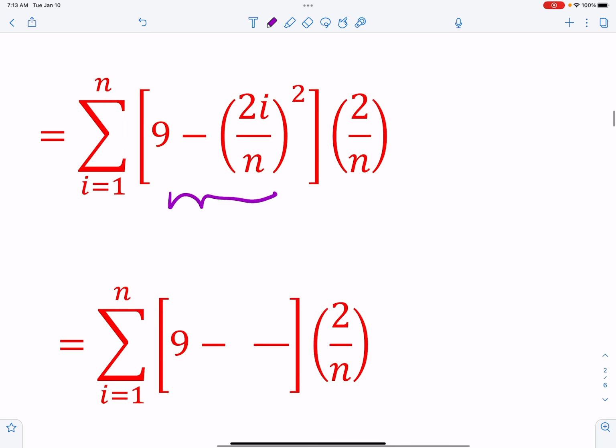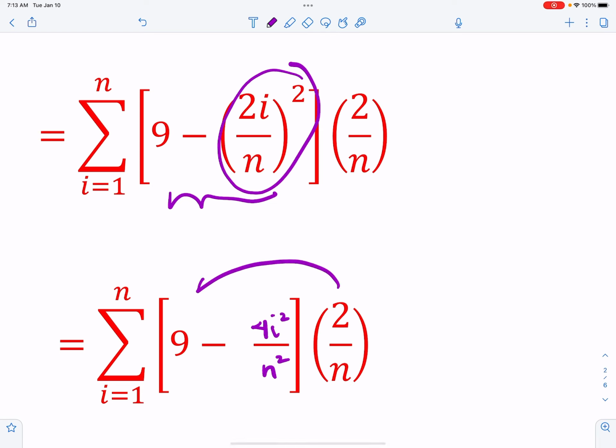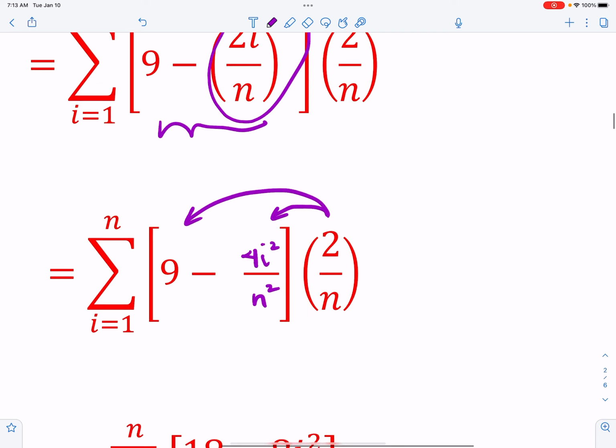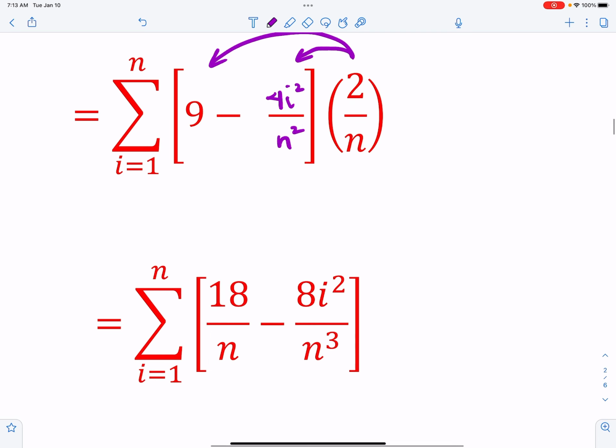Squaring the 2I over n, that becomes 9 minus 4I squared over n squared. And then we can distribute 2 over n, and that gives us 18 over n minus 8I squared divided by n cubed.